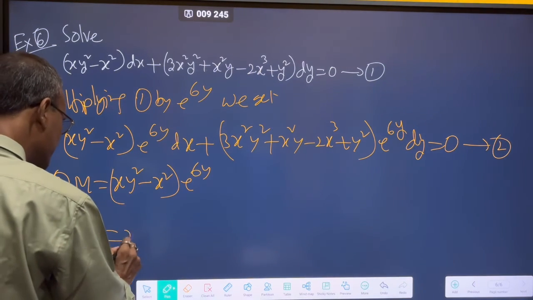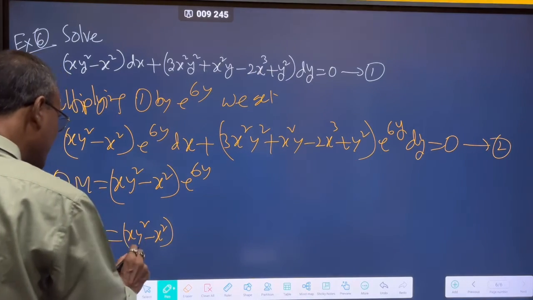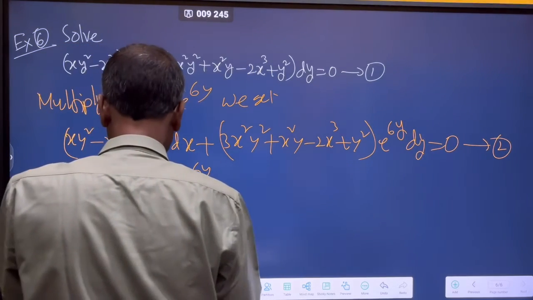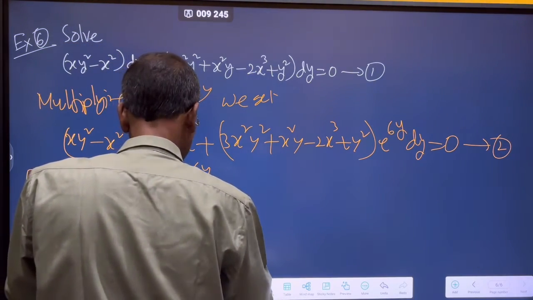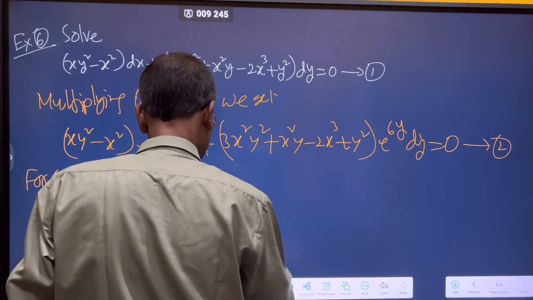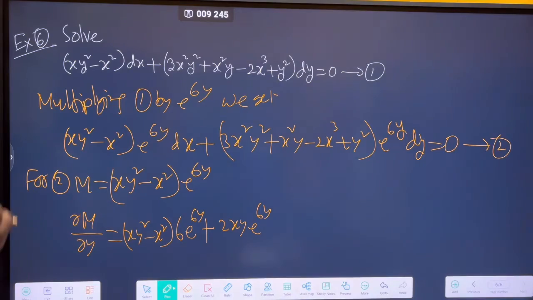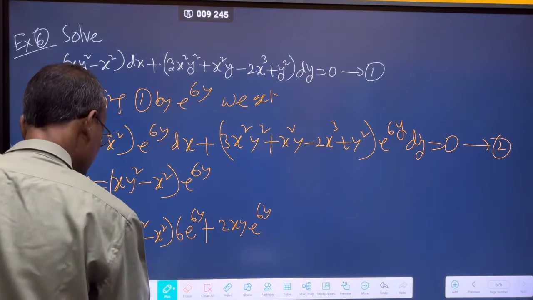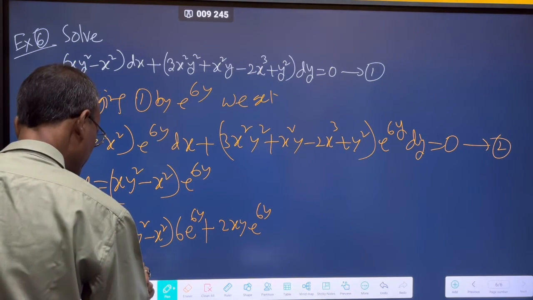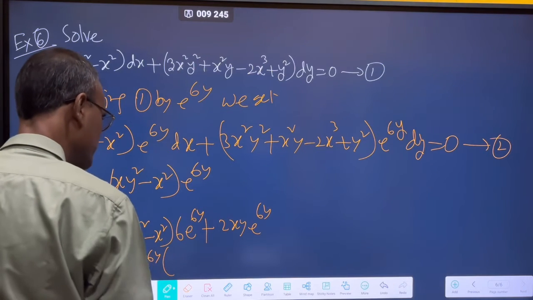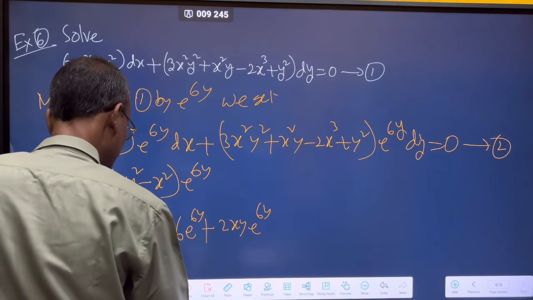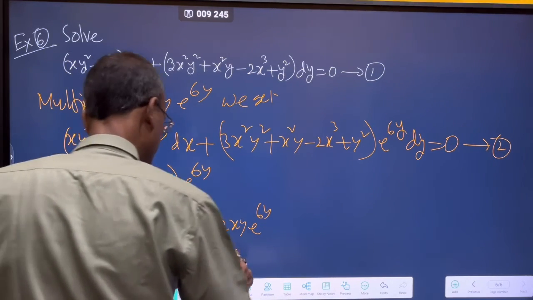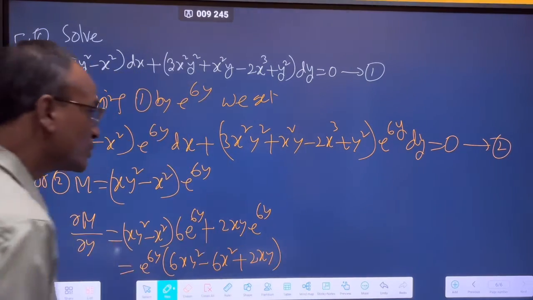It equals the first function, xy² − x², into the differentiation of the second function, plus the differentiation of the first function with respect to y, 2xy, into the second function e^(6y). Taking e^(6y) common, you will get (6xy² − 6x² + 2xy) e^(6y).